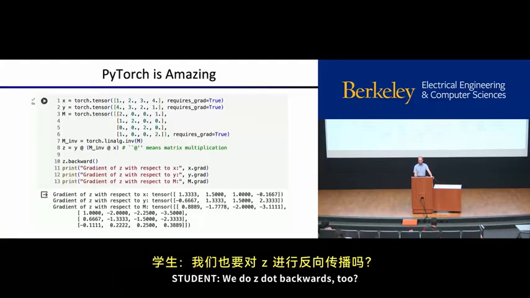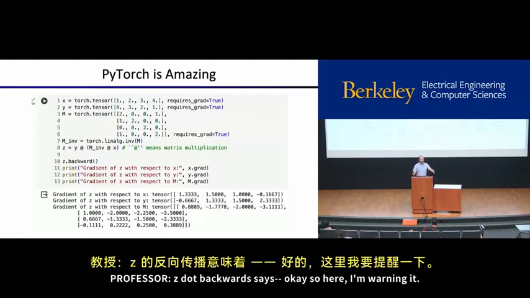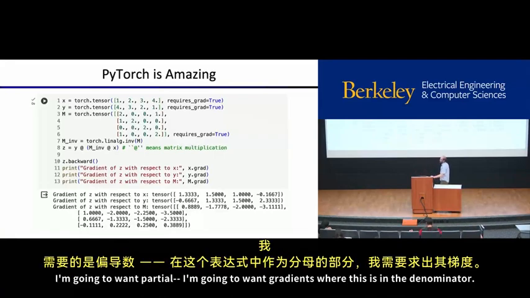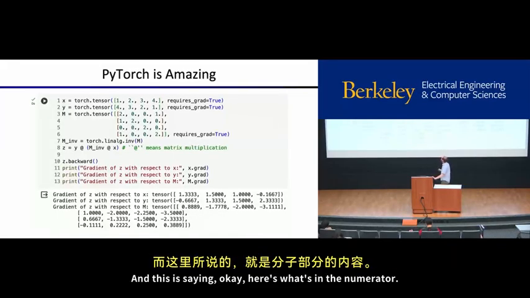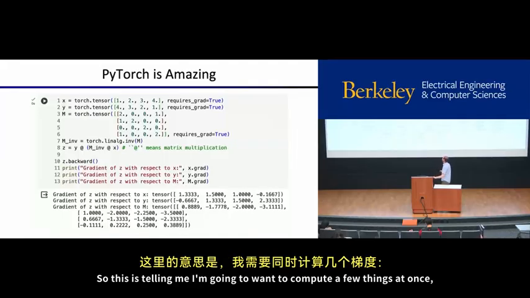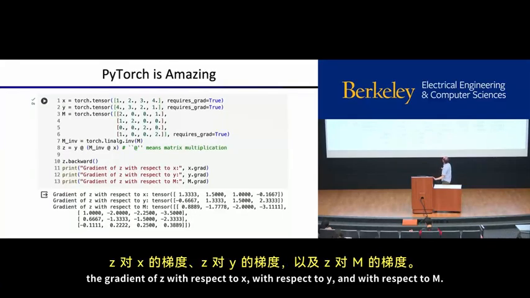Yes? Z dot backward says, okay, so here I'm warning it. I'm going to want gradients where this is in the denominator, and this is saying, okay, here's what's in the numerator. So this is telling me I'm going to want to compute a few things at once: the gradient of z with respect to x, with respect to y, and with respect to m.